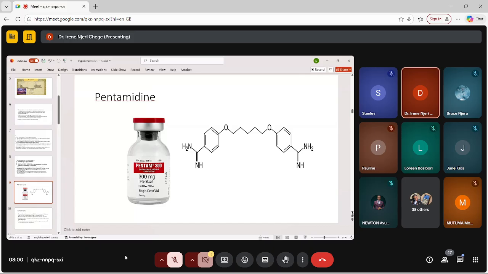It is an aromatic diamidine formulated as an isethionate salt. Here you can see it is pentamidine isethionate for injection. The drug is only administered parenterally.